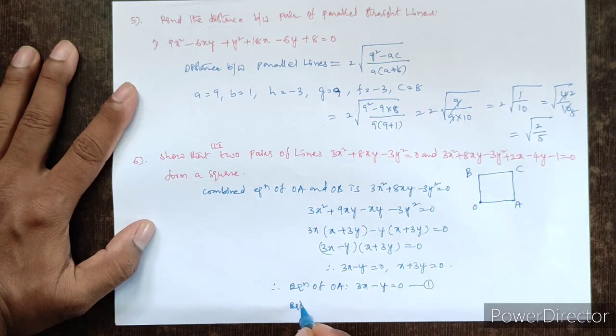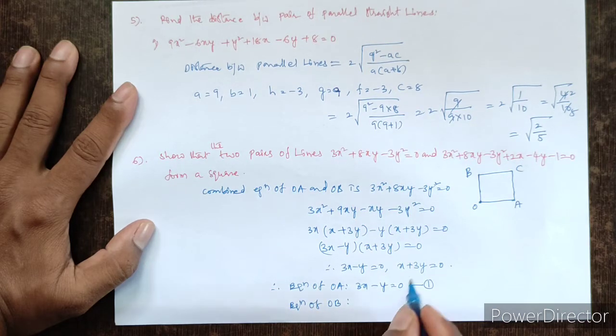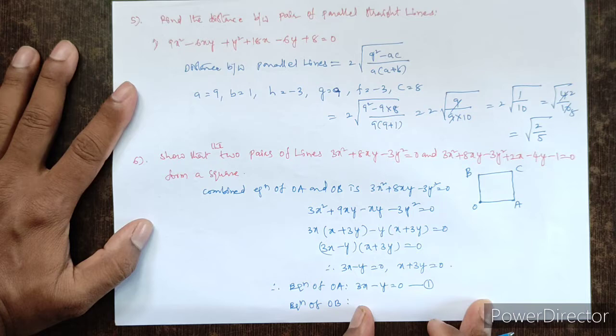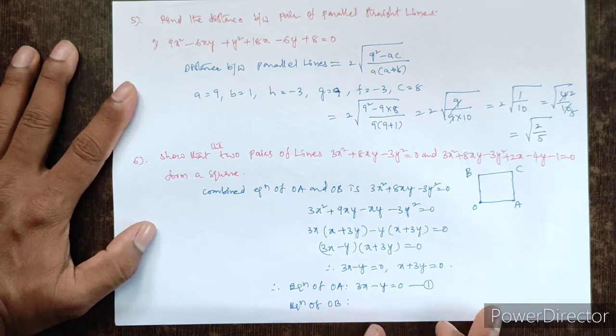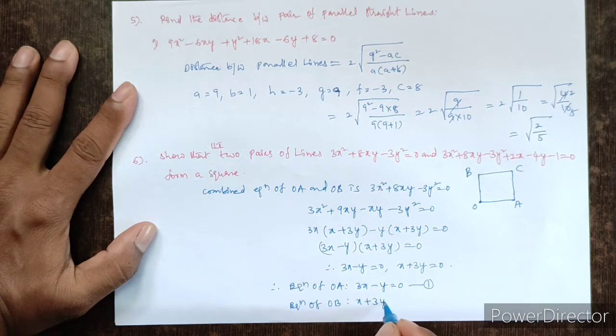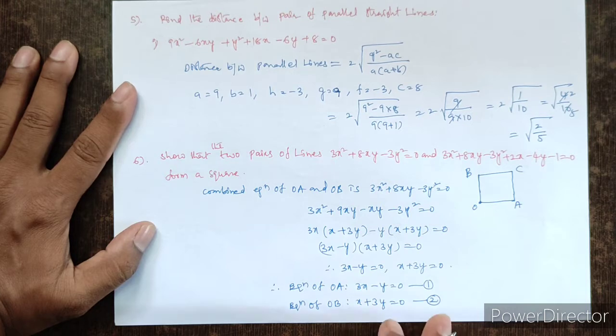And equation of OB, anyway these two are perpendicular, so the coefficient of x and coefficient of y interchange. This is x plus 3y equal to 0. This is equation number 2.